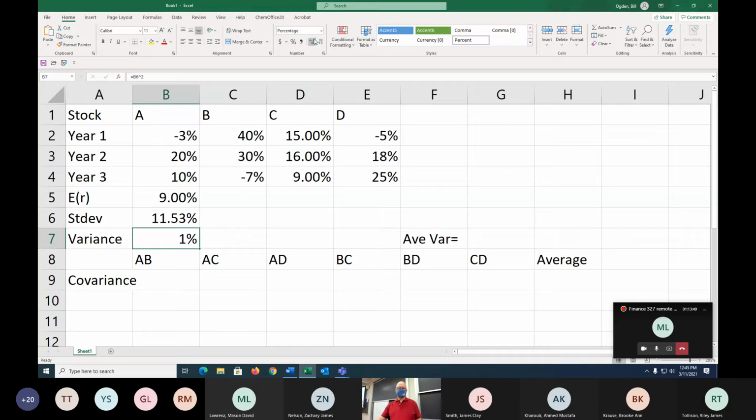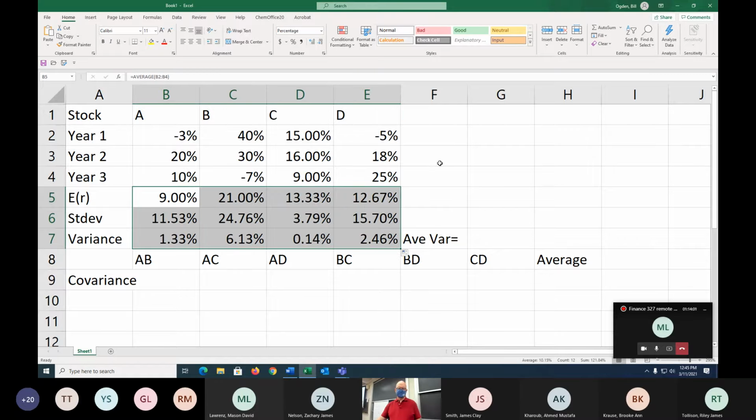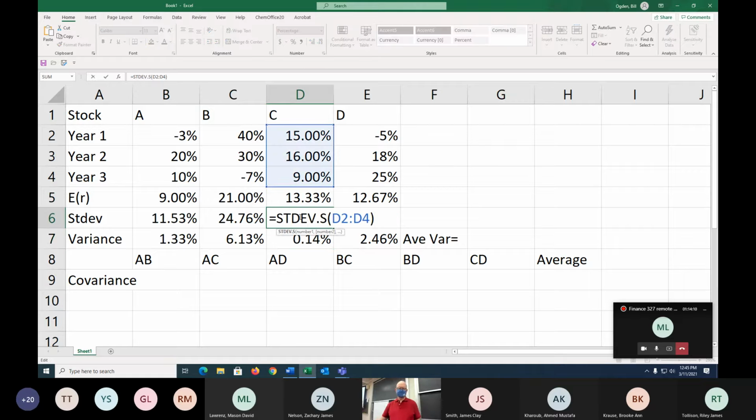Give that a percent. All right, and then all 3 of these, let's take them west. Let's go west. And copy them across. That's good.